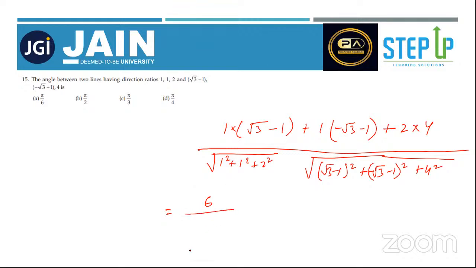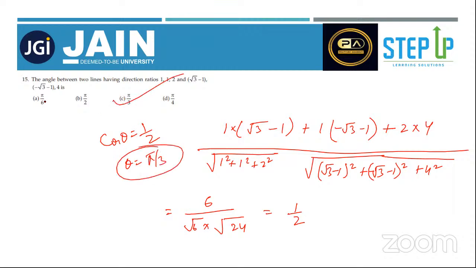Whole divided by, this is root 6 into root 24, which is 1 by 2. Cos theta equal to 1 by 2. What is theta equal to? Theta equal to pi by 3, correct? So answer is option C.